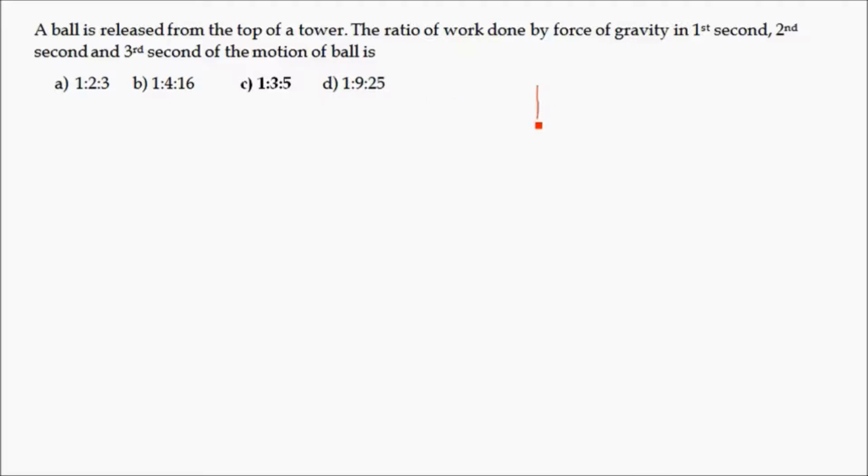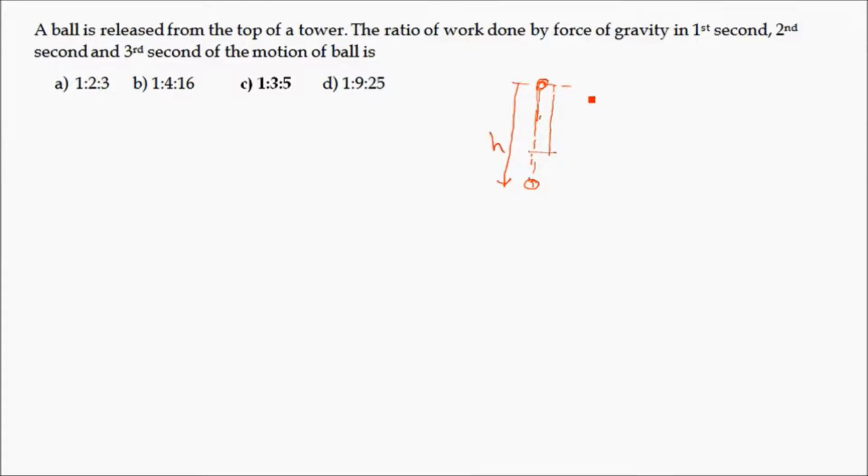Suppose the ball is dropped from some height. We have already derived this formula in motion in a straight line, but I will recall it here. Suppose I drop a ball from some height and during time t it moves a distance equal to h.